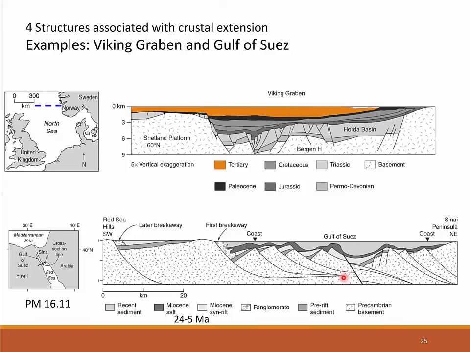There is a further complication with a normal fault cutting through the sequence here, but in principle the features from the Gulf of Suez are very similar to the schematic sketches that we saw in the previous video on extensional structures.